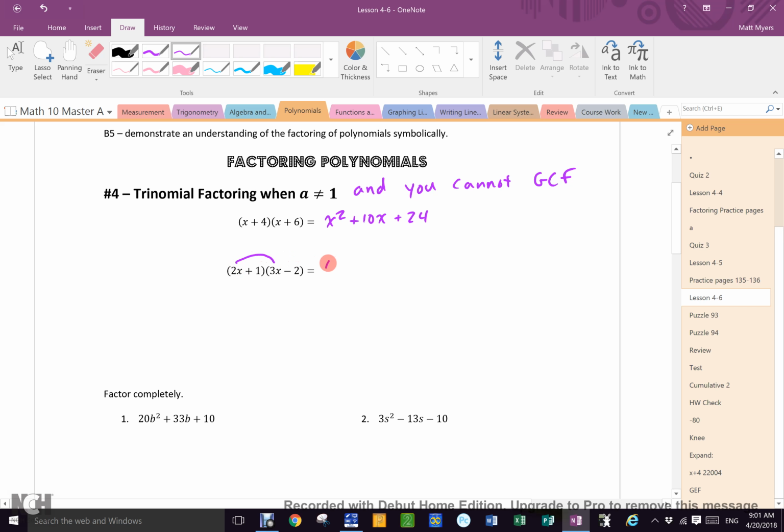That times that, which is 6x squared. That times that, which is minus 4x. That times that, which is plus 3x. And that times that, which is minus 2. And then you would add it all up and get 6x squared minus x minus 2.